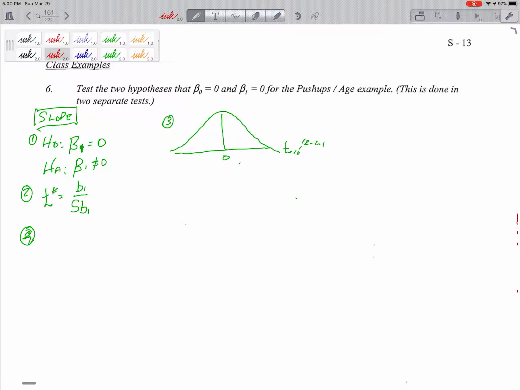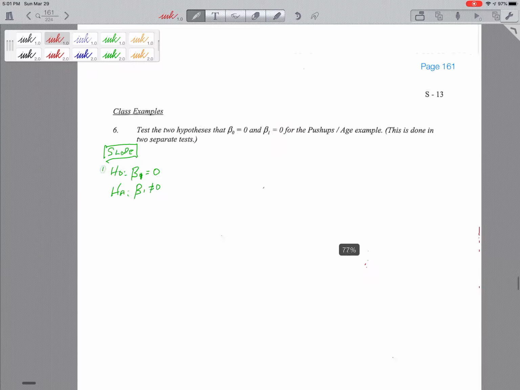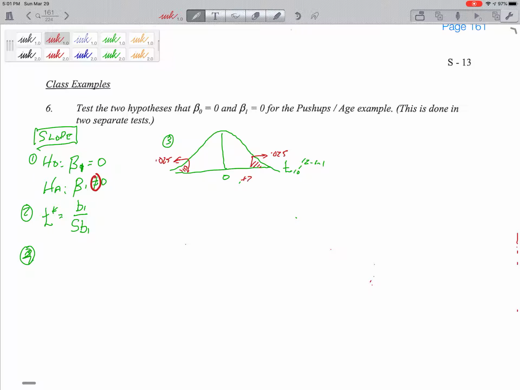And because this is a two-sided test, we're going to have the alpha split in half, so we'll have 0.025 here and 0.025 here. And that critical value turns out to be plus and minus 2.228.